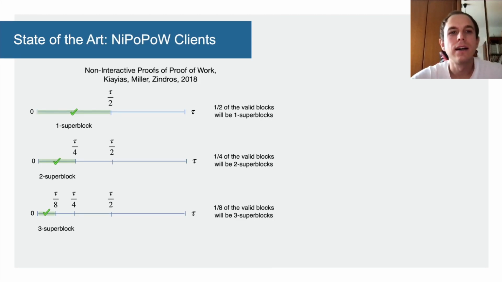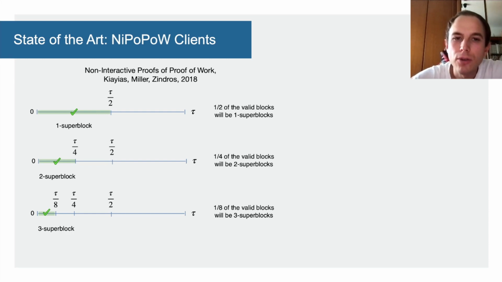Another idea is called NIPoPoW, or non-interactive proofs of proof of work. The idea behind this paper is essentially that proof of work blocks are considered to be valid if they fulfill this proof of work inequality. We can visualize this as saying, okay, the hash of such a block needs to have a certain number of leading zeros.